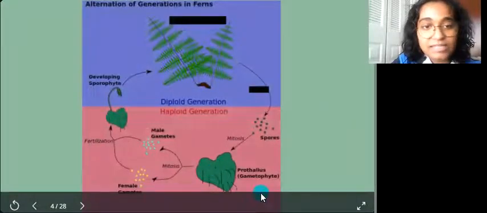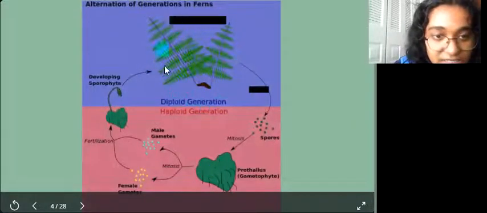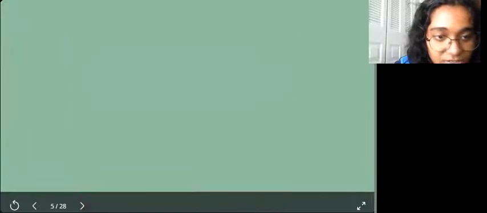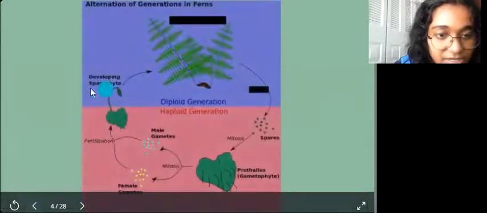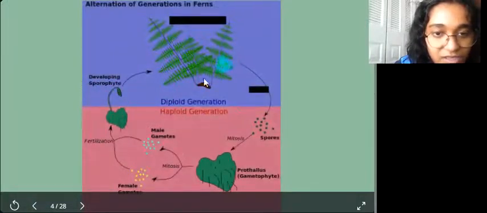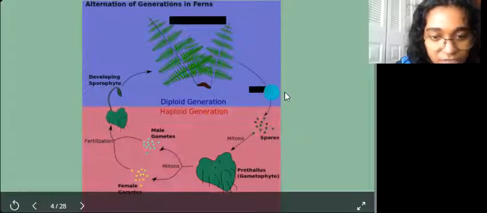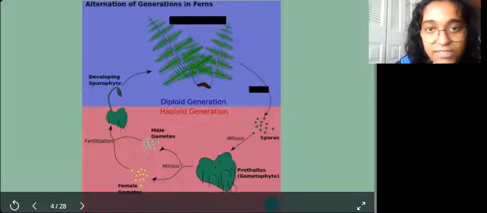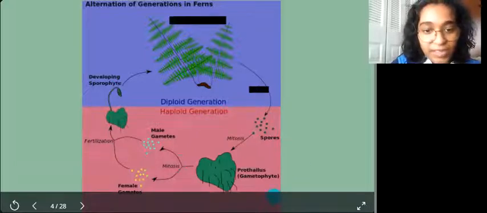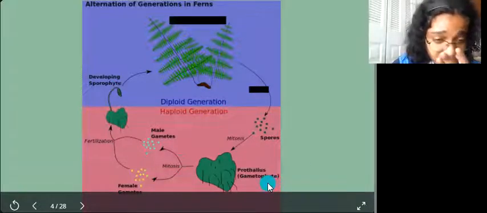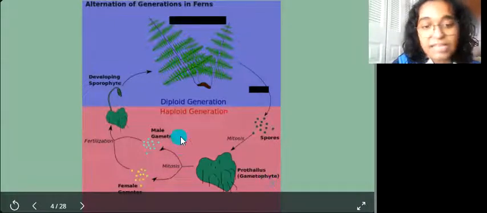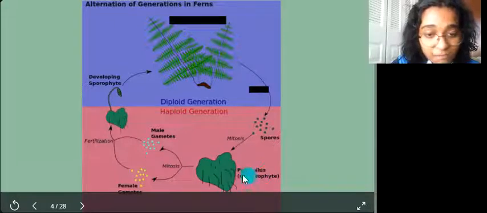So let's see. Oh yes, the name is here. This is the sporophyte. The sporophyte produces the spores. The spores make the male gametes and the female gametes in the same organism, and it is done in the prothallus through the process of mitosis.